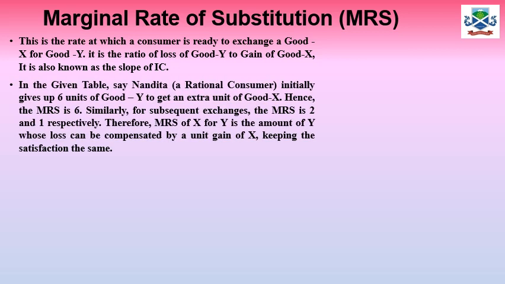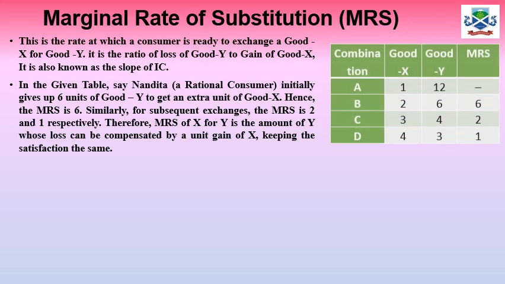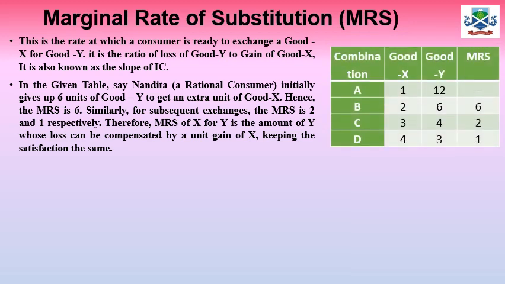I have given one example for illustration. It will be easier for you to understand. Say a rational consumer, Nandita, initially gives up 6 units of good y to get an extra unit of good x. Look here, when good x is 1 and she takes one more unit, that is 2, the difference 2 minus 1 is equal to 1.